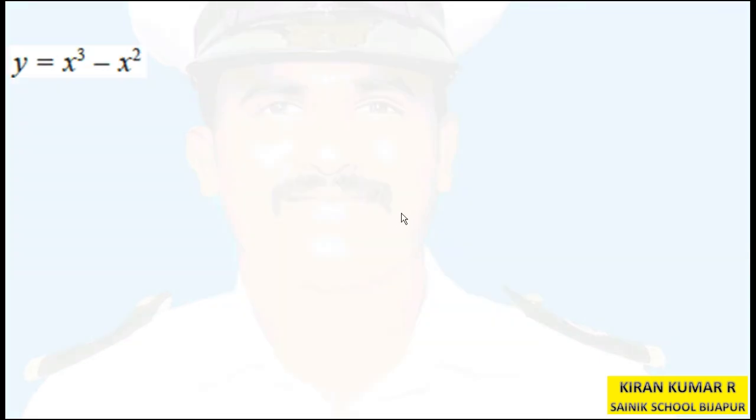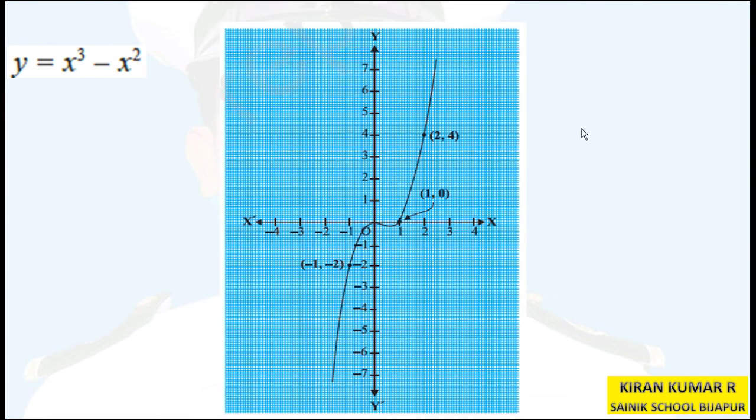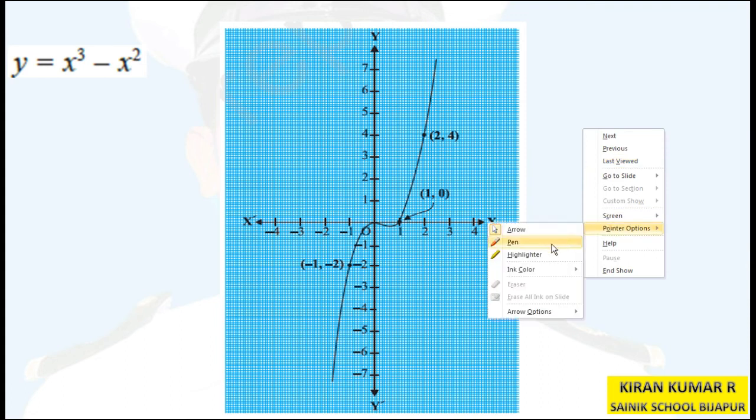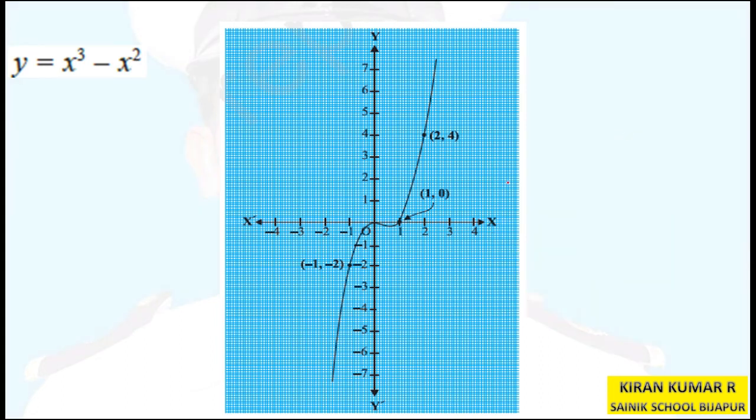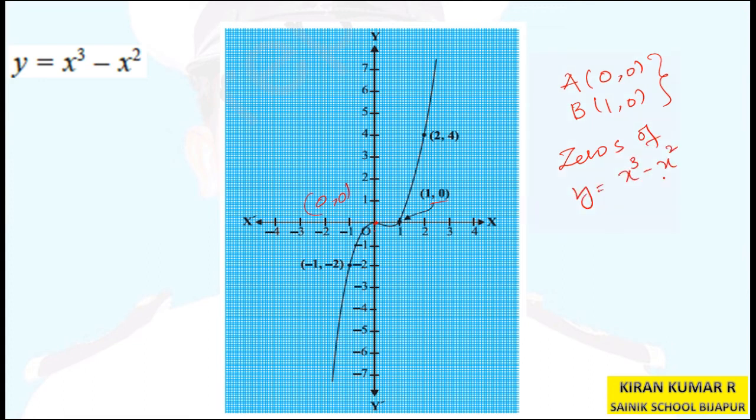Look at the graph of this particular cubic polynomial. It is meeting the x-axis at (0, 0) and at (1, 0). So we are able to see one point (0, 0) and another point (1, 0) on the x-axis. So these are zeros of y is equal to x cubed minus x squared.